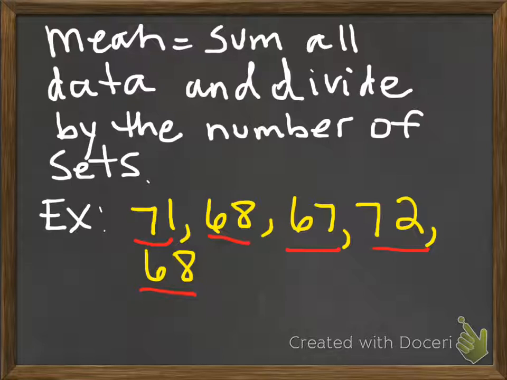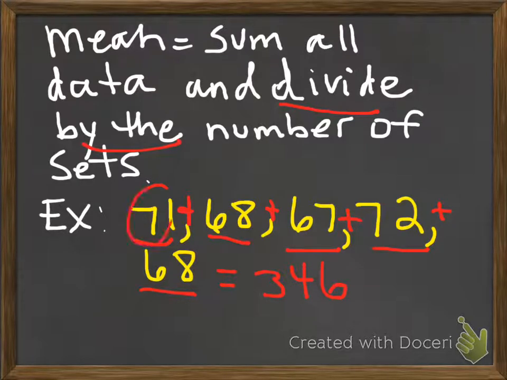What is the score I'm getting when I put it all together? According to the definition, to find the mean you add all these numbers: 71 plus 68, plus 67, plus 72, plus 68. When we add that, we get 346. Then we divide by how many numbers there are.